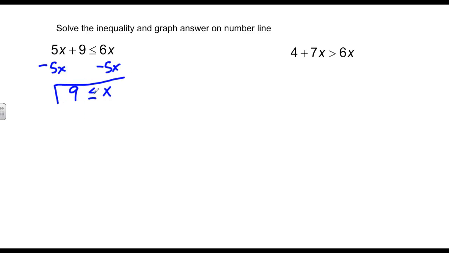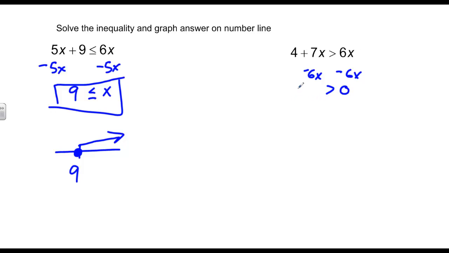There's my solution. If I want to graph that, here's my 9. It's included, so I fill in a circle, and greater than 9 moves to the right. In this case, since I want to keep my x term positive, I have to subtract 6x from both sides.